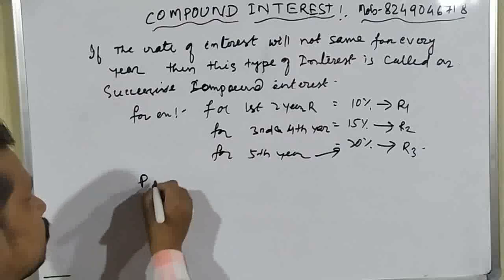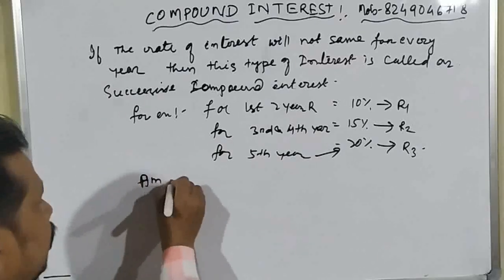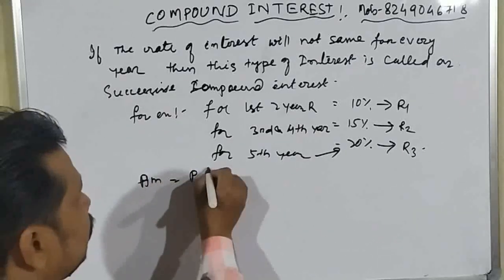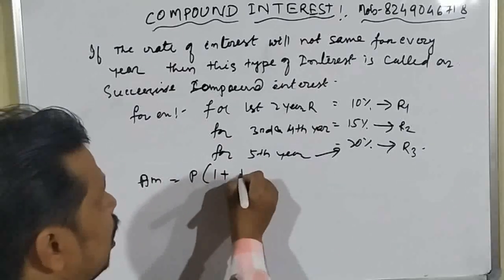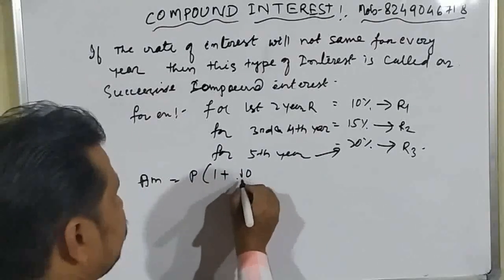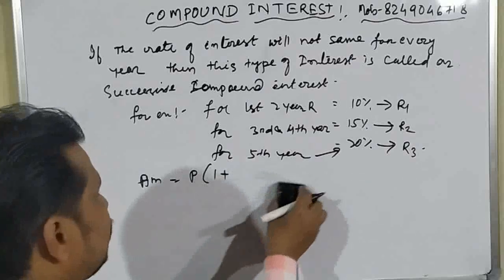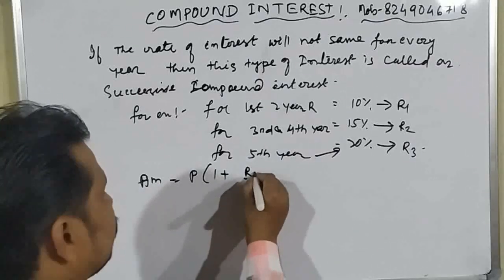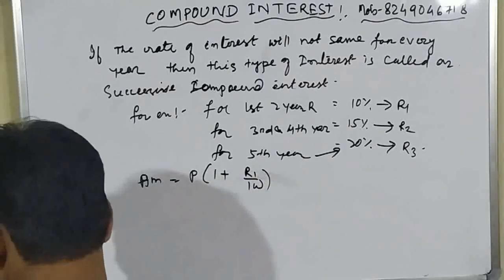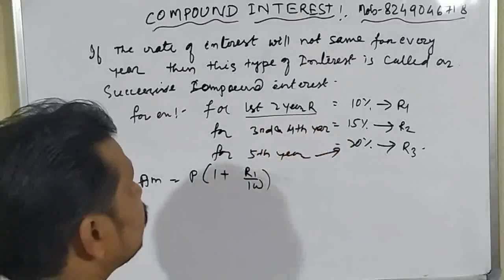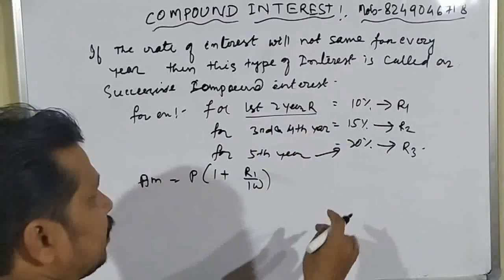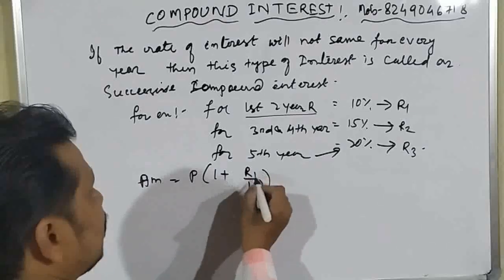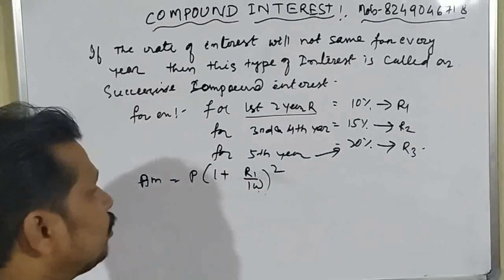So again, the amount is equal to how much? Principal into 1 plus R1 by 100. Here for how many years? For the first 2 years. That means first year, second year. So here 1 plus R1 by 100 whole to the power 2.